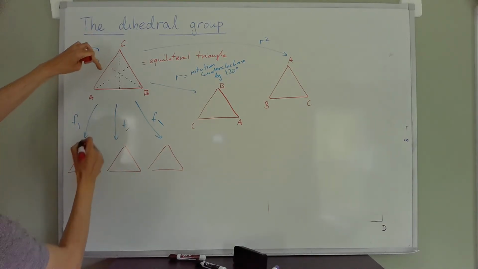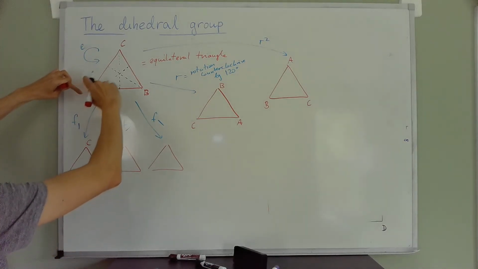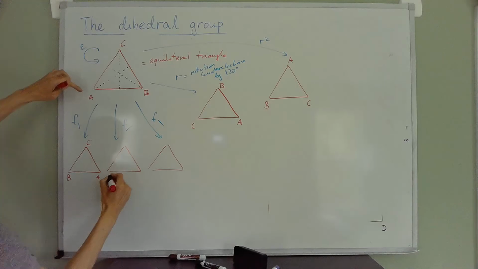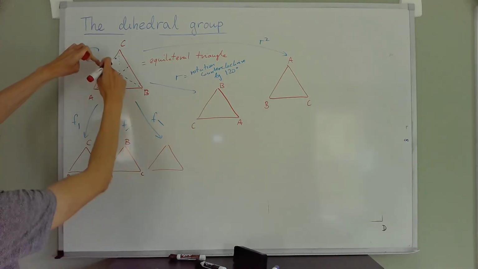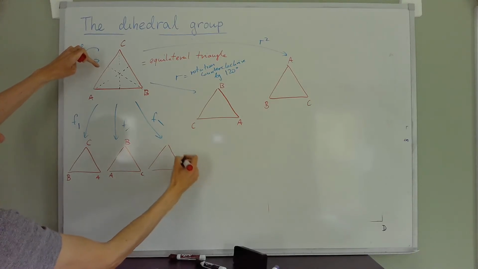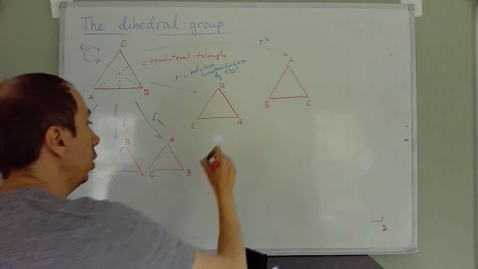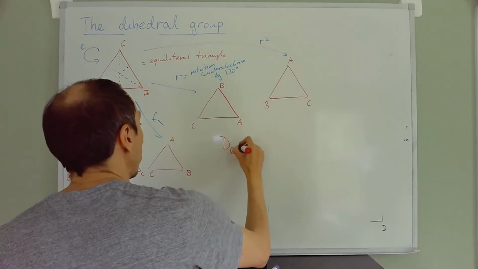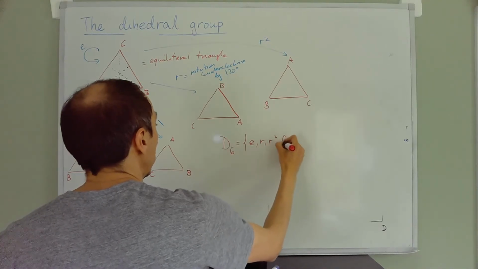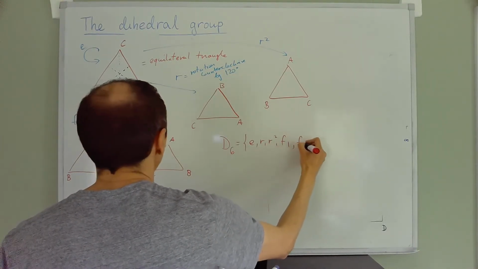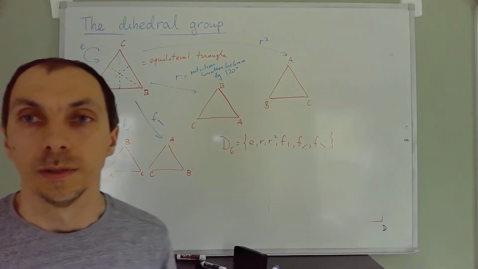If you do the vertical flip, then C stays the same and A and B switch places. If you do the flip with respect to this axis, then A stays the same and C and B switch places. And the flip with respect to that axis, B stays in place and A and C switch places. So the dihedral group of order 6 has 6 elements: E, R, R squared, the vertical flip, and 2 diagonal flips.